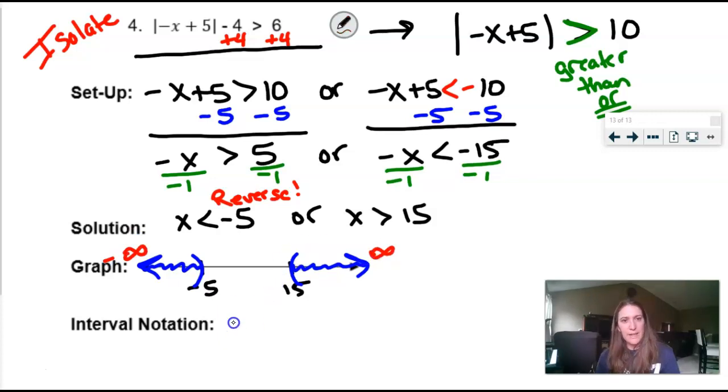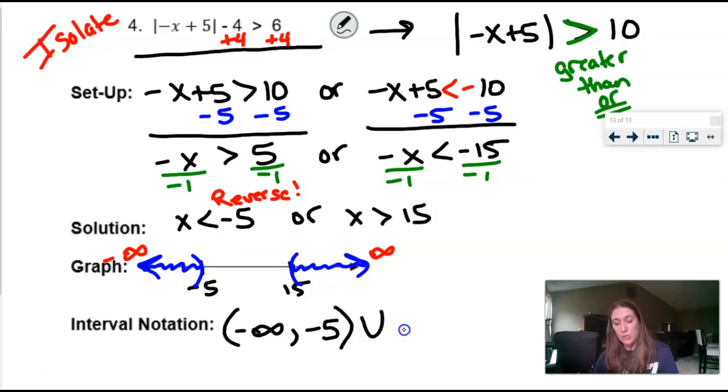It starts off at -infinity, and then we colored until -5. I jumped over a whole bunch of nothing. No solutions between there. So a union symbol is used, and then it picks up again at 15 and keeps coloring solutions until positive infinity. And there you go. All three solutions: solution form, graphing form, and interval form.